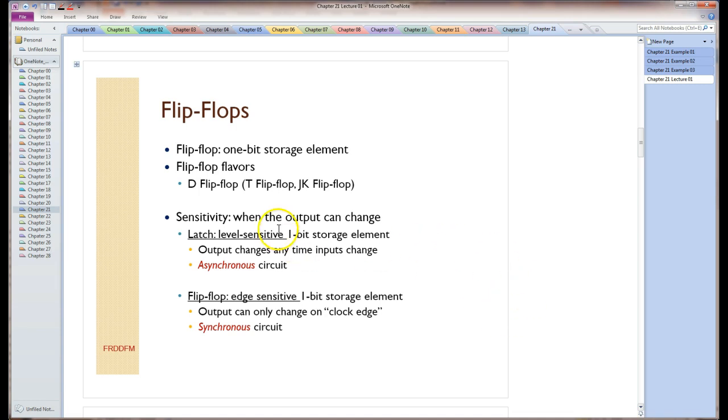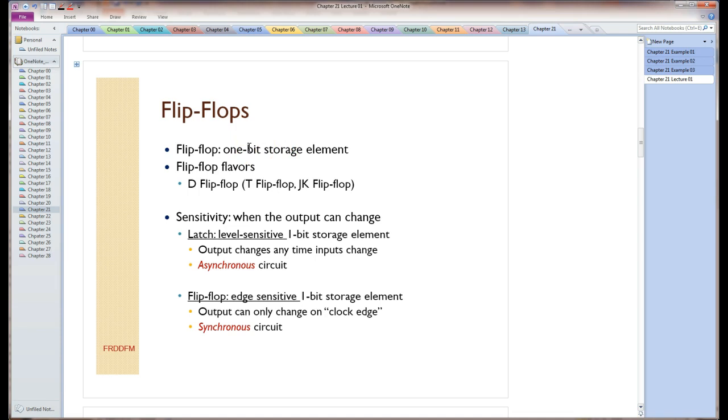So the issue here is the flip-flop. It's a 1-bit storage element, just like the latches were, but they have a different sensitivity. Latches are well known to be level sensitive, which means the output can change anytime the inputs change, whereas flip-flops are essentially edge sensitive. These flip-flops are going to have a clock input, and they can only change state on that clock edge.